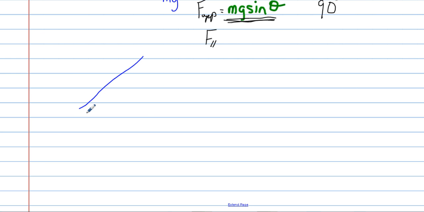So to summarize, for our last example involving an object on an inclined plane, where we have this object like so, there is a force of gravity vector mg that acts straight vertically down, and there is also a normal force vector that is perpendicular to the surface, and there is some angle theta.